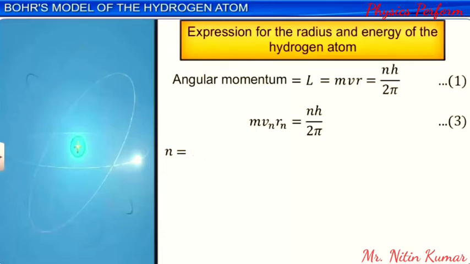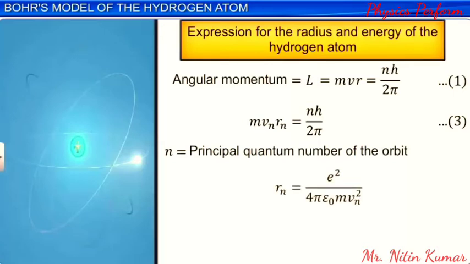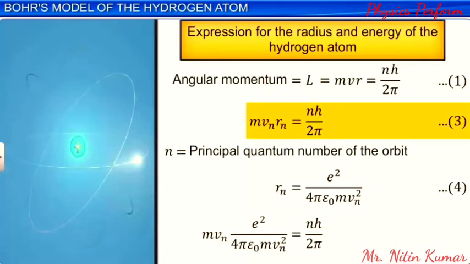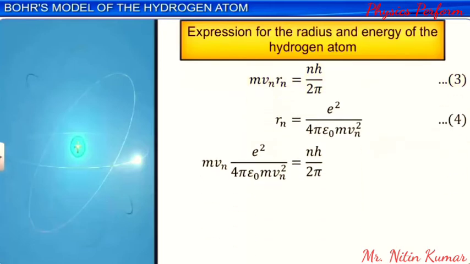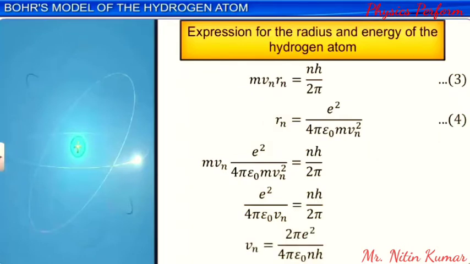We have learned that the relation between the radius r of the electron orbit and its corresponding velocity v is given by Rn is equal to e square by 4 pi epsilon naught m Vn square. Let this be equation 4. Substituting the value of Rn in equation 3 and simplifying, we have Vn is equal to e square by 2 epsilon naught n h.